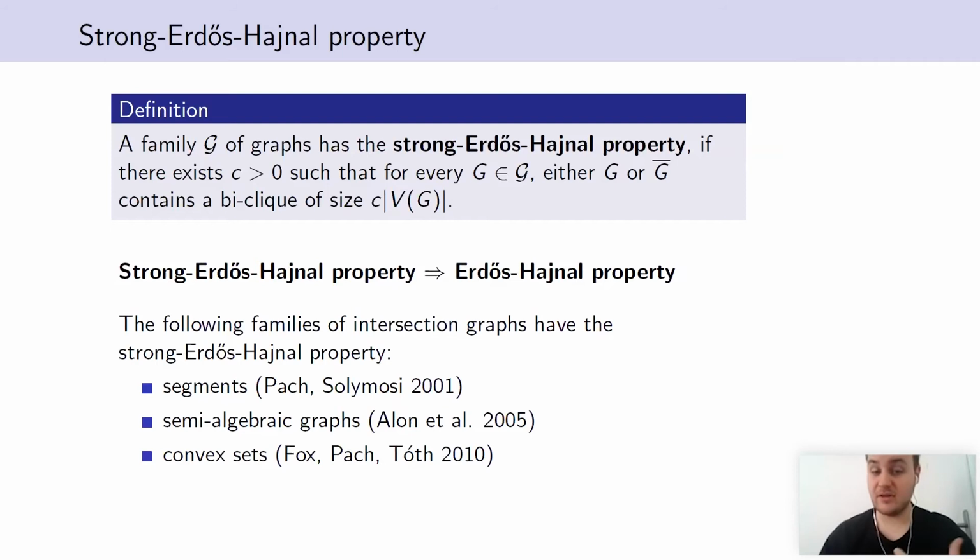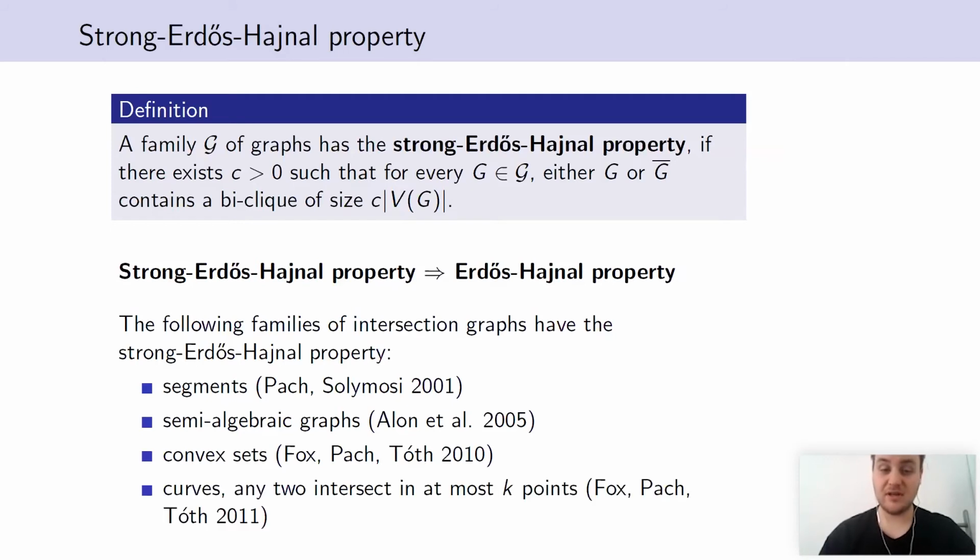Later, this strong Erdős-Hajnal property was also proved for convex sets. And finally, it was proved for intersection graphs of curves, where we assume that any two curves intersect at most a constant number of times. And again, for this last family, the Erdős-Hajnal property was proved using the strong Erdős-Hajnal property. So this also illustrates the strength of this approach.